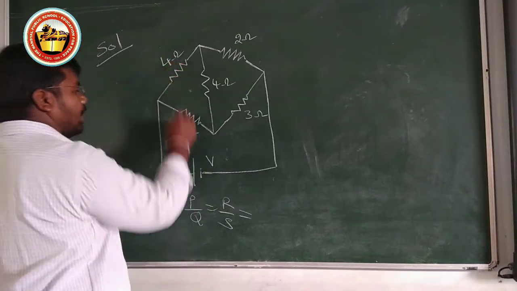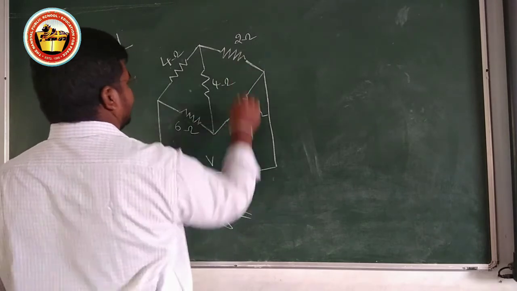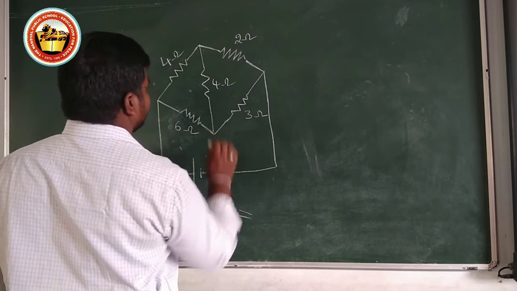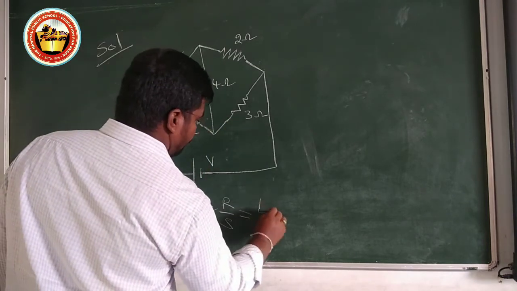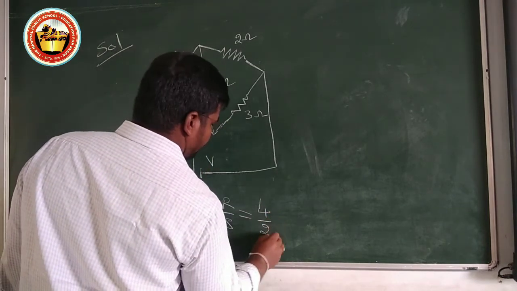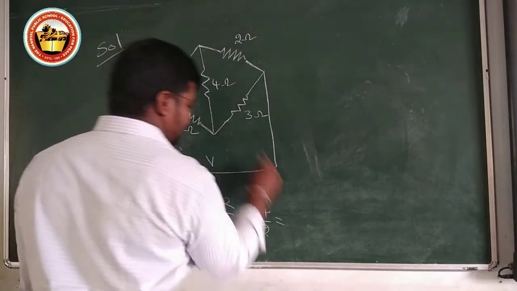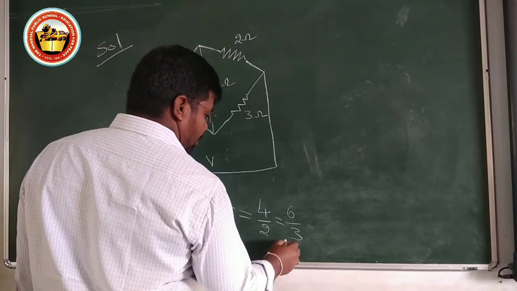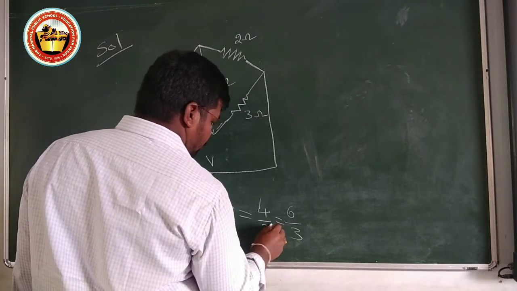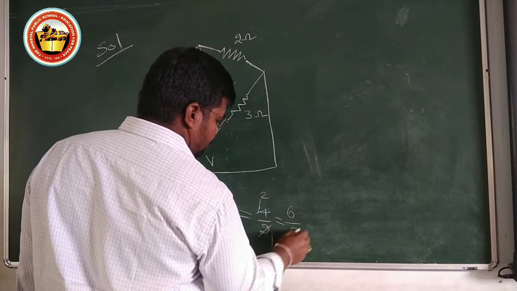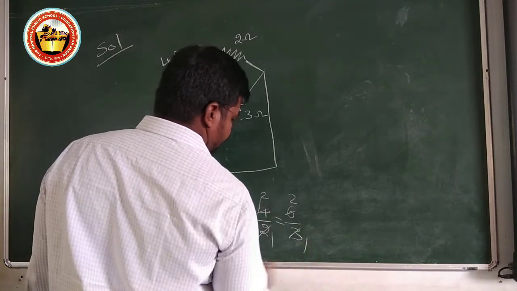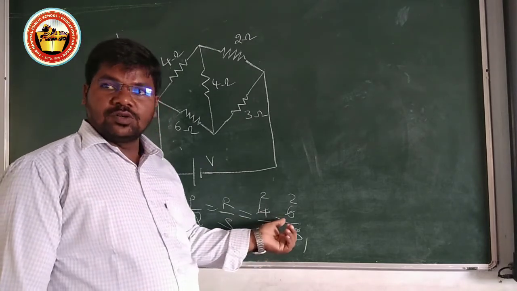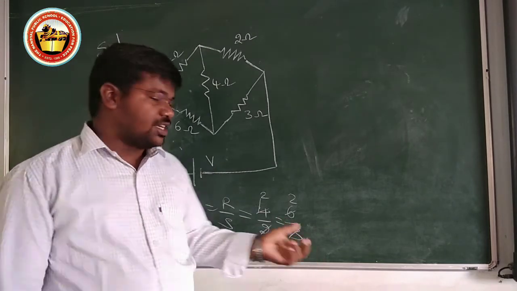So 4 by 2 is equal to 6 by 3. The ratio is the same: 2 by 1, 2 by 1.